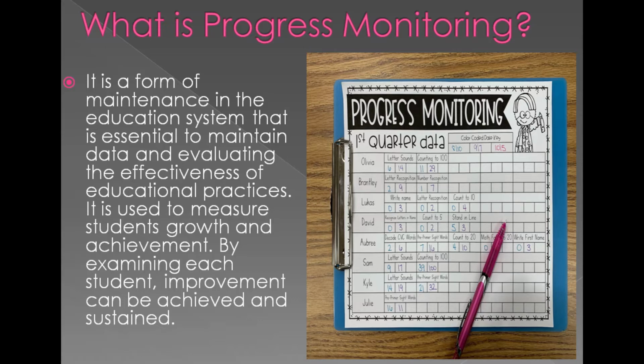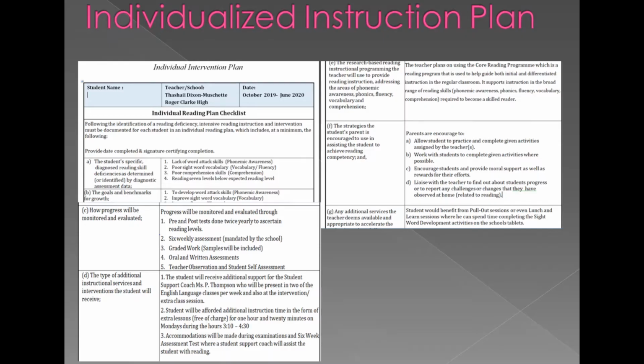Progress monitoring is a form of maintenance in the education system that is essential to maintain data and evaluating the effectiveness of instructional practices. So, in other words, this strategy is used to measure students' growth and achievement. By examining each student, improvement can be achieved and sustained.